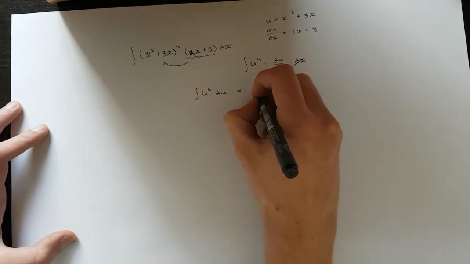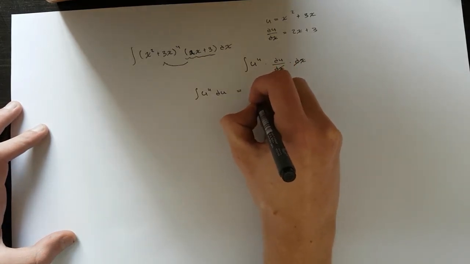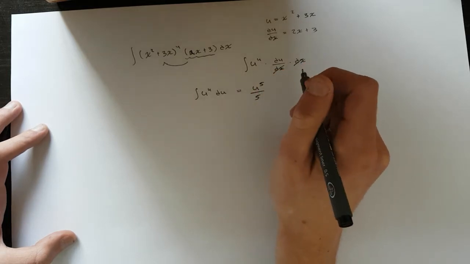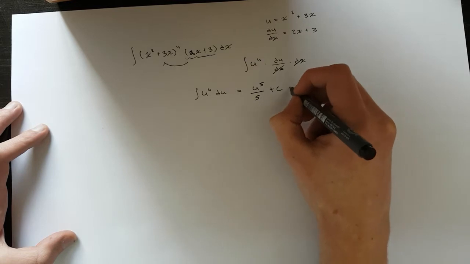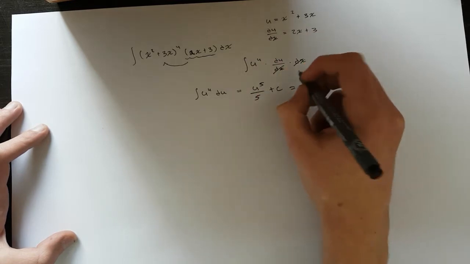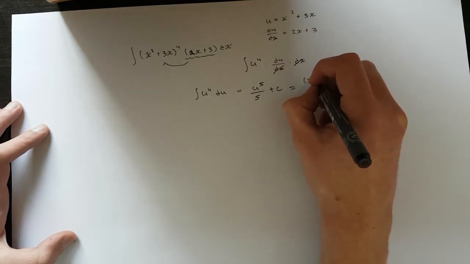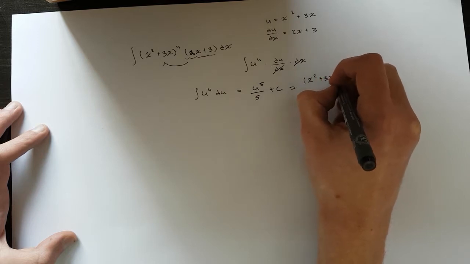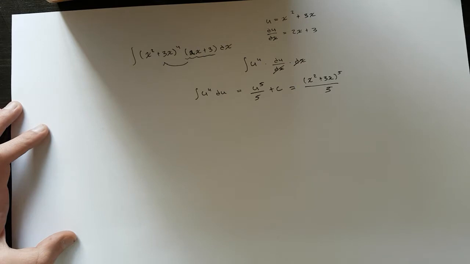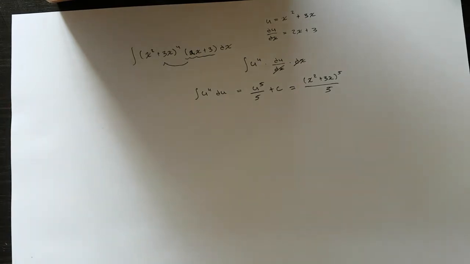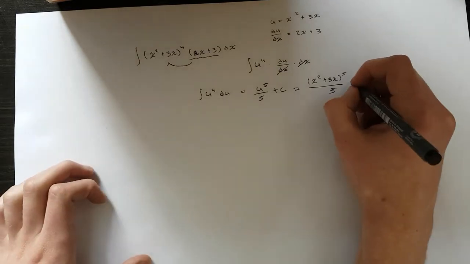So integrating, we get u to the power 5 over 5 plus c. Now we plug in u again, so we have (x squared plus 3x) to the power 5 over 5, plus c. And there we go, we've integrated this integral that seemed pretty difficult at first, right?